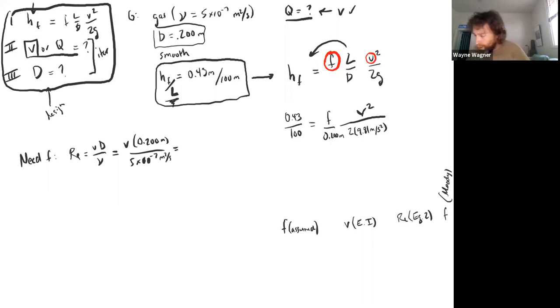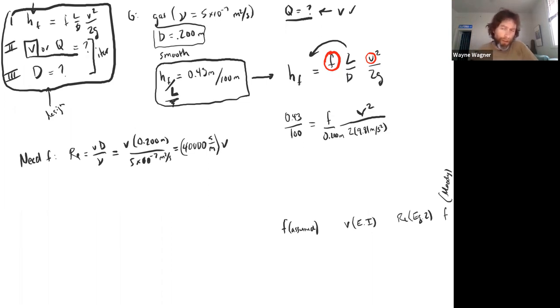So I'll go ahead and rearrange that to make it as easy as possible. 0.2 divided by 5.5 times 10 to the negative 7, and we get 400,000. The units on that are seconds per meter. And then we've got a V out here. So we can't do that part.